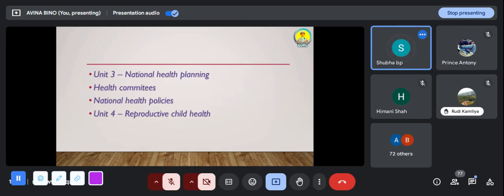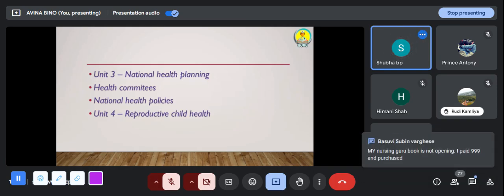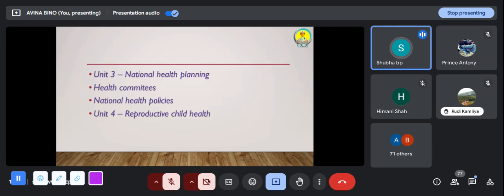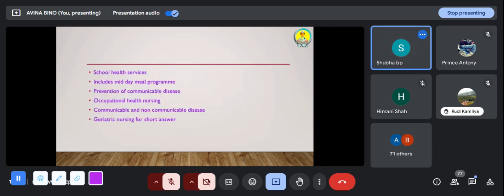And coming to the next, Unit 4, reproductive child health. Reproductive child health focuses on both mother's health and child's health. The next question is school health services.